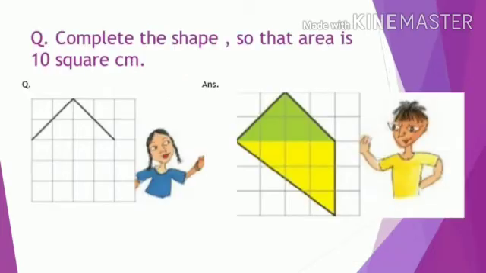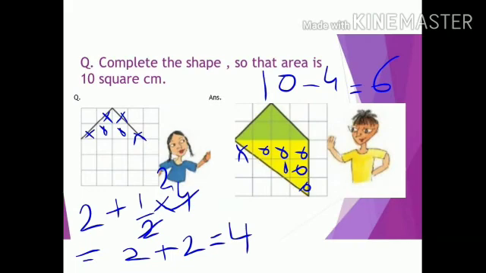Complete the shape so that area is 10 square centimeter. Here you can see this incomplete shape, students. Firstly, we will find the area of this incomplete shape. You can see here there are 2 full squares and 4 half squares.